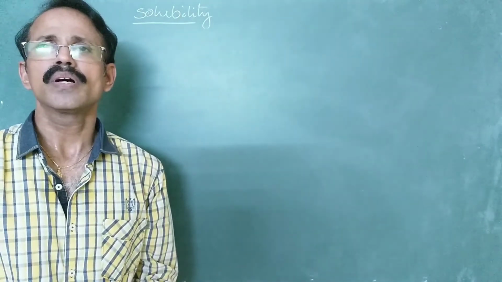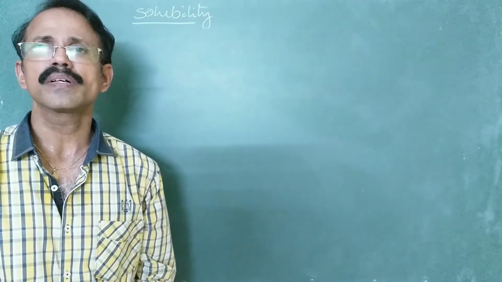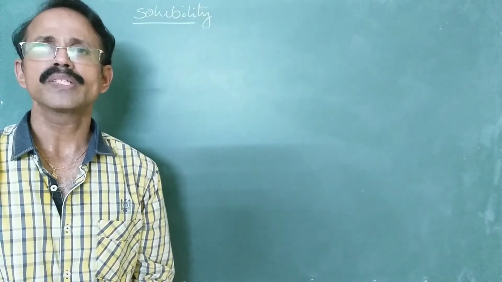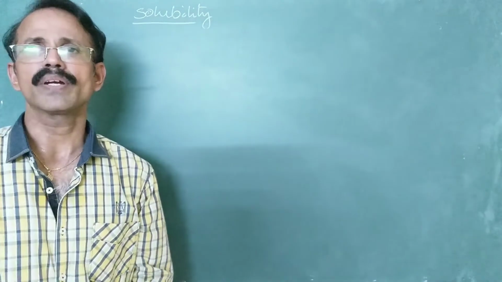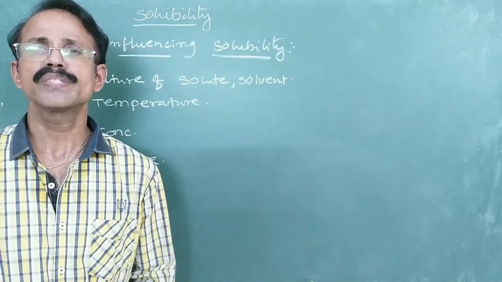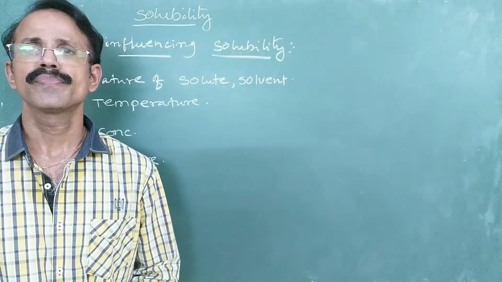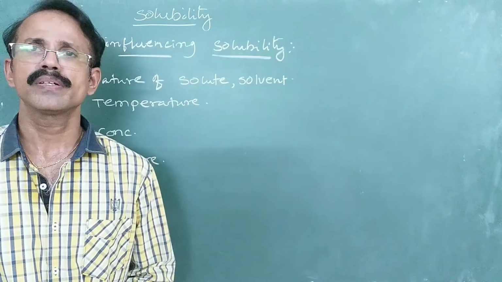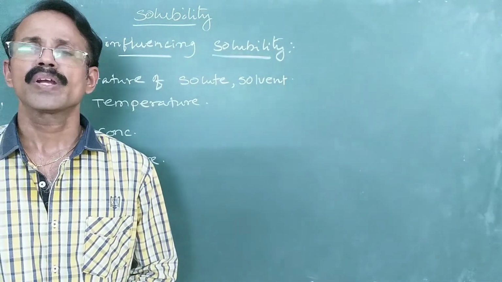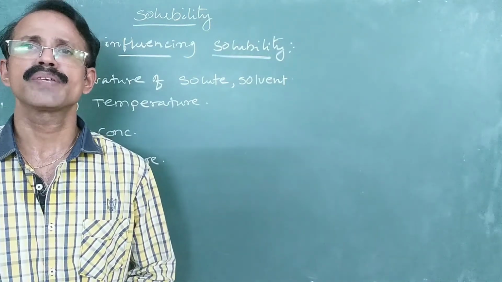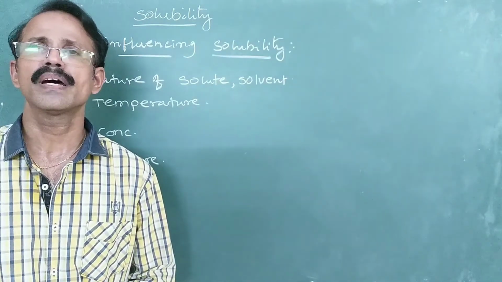Now we'll see the factors influencing the dissolution of a solid in liquid. There are various factors like nature of solvent and solute, temperature, pressure, concentration. Like this, we have different factors influencing solubility of a solid in liquid.